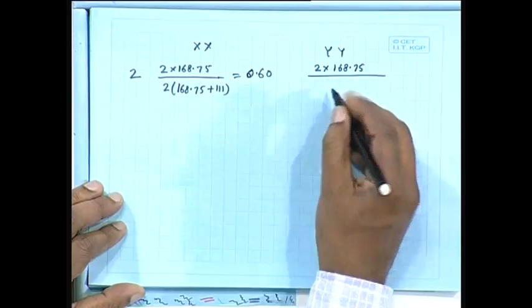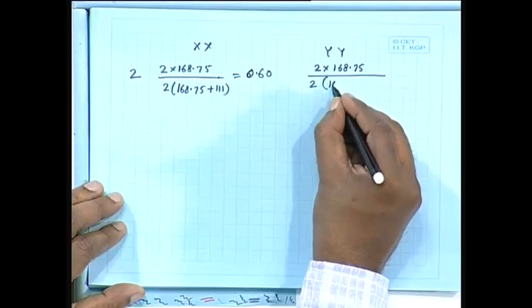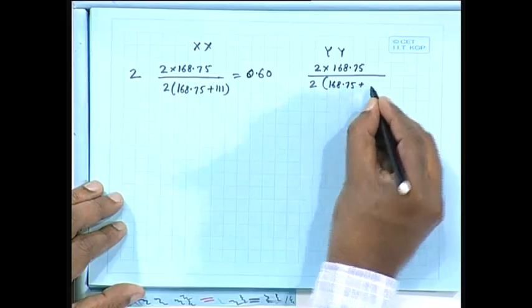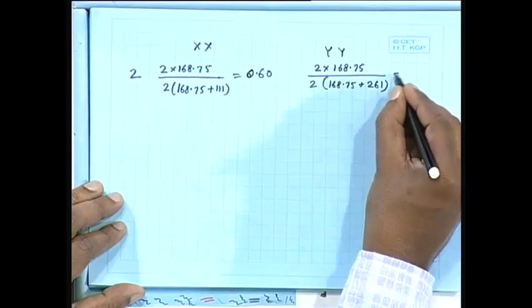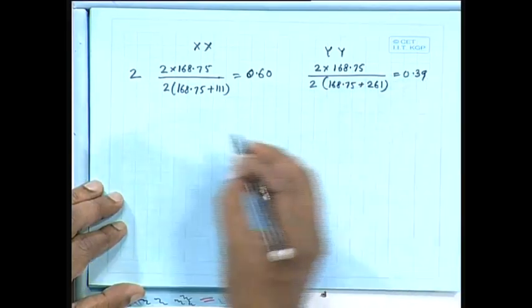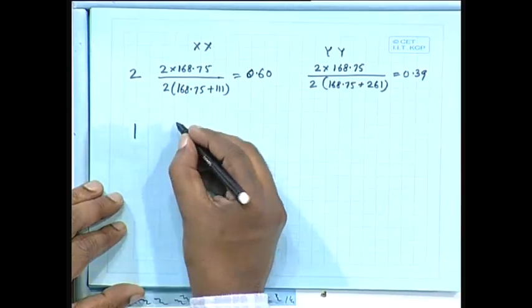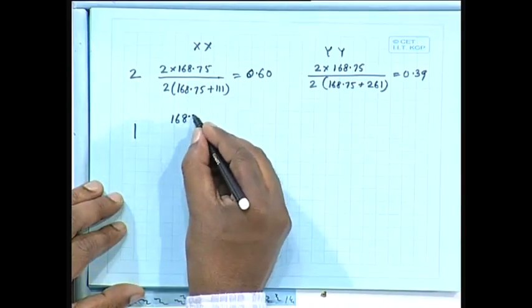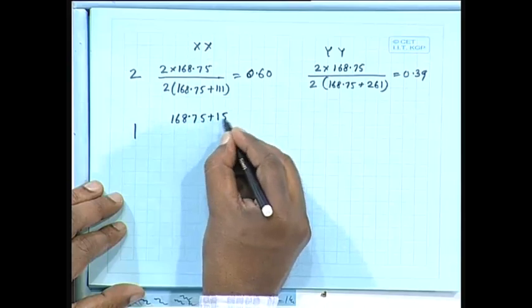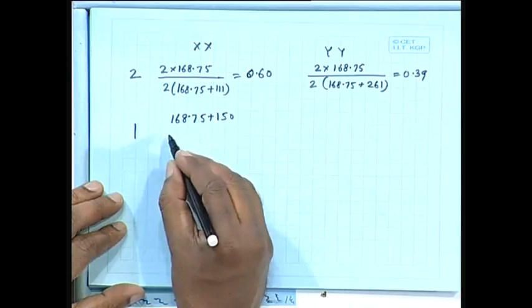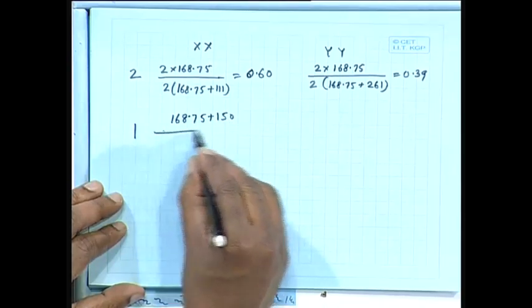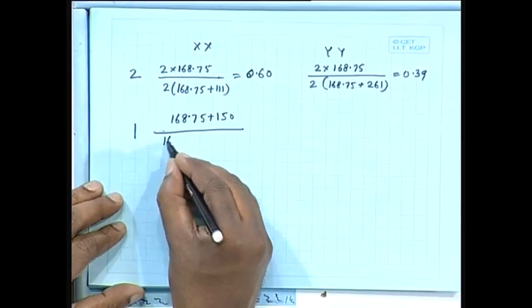Similarly, for YY, 2 into 168.75 divided by 168.75 plus 261 equals 0.39. Now, 1, that will be 168.75 plus 150, because from the ground floor to the first floor, the column height is different. So, that is why you are getting a different one.